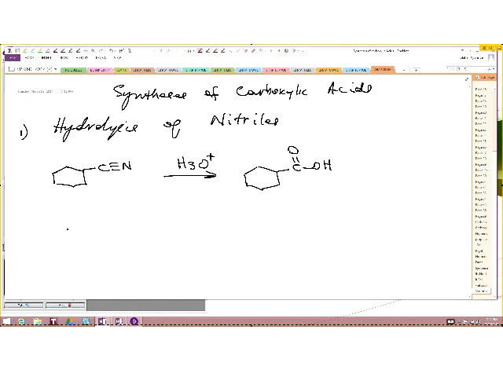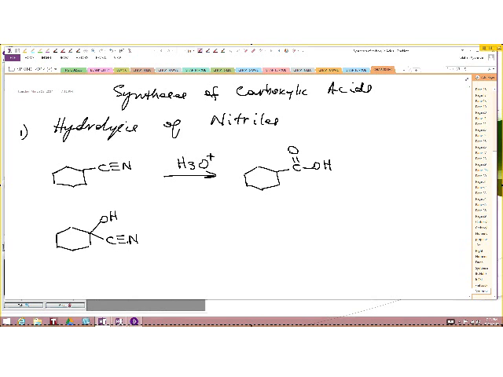Now, supposing you have this type of nitrile, of course, this is a cyanohydrin that is coming from cyclohexanone, right?